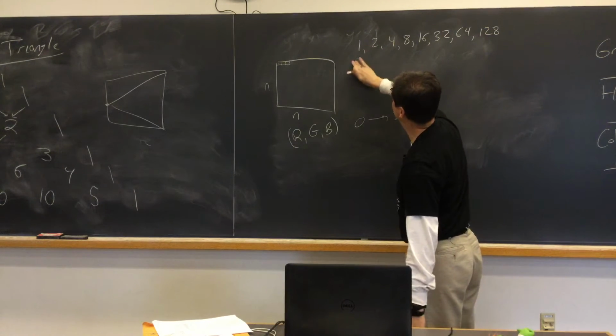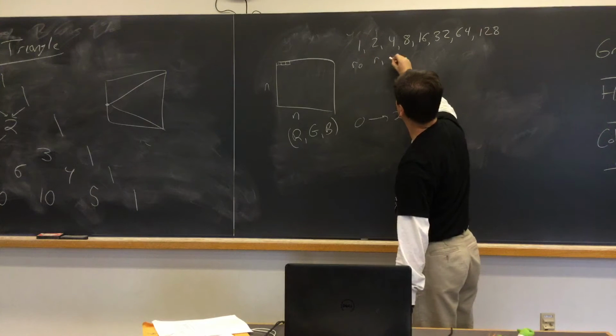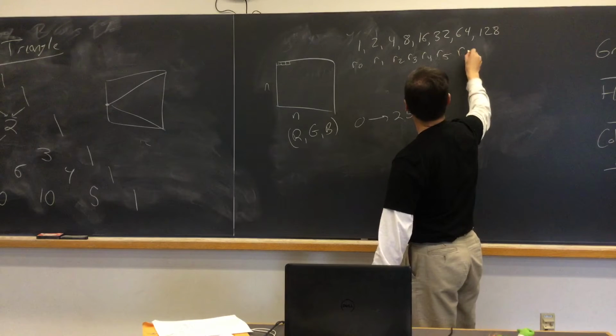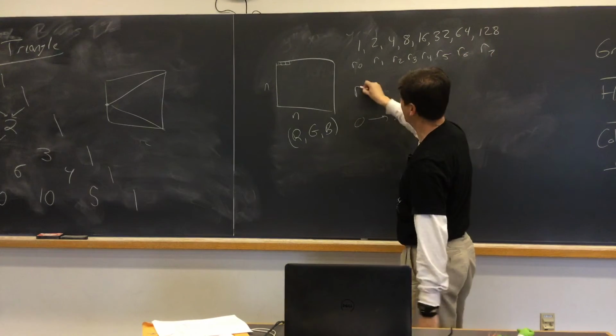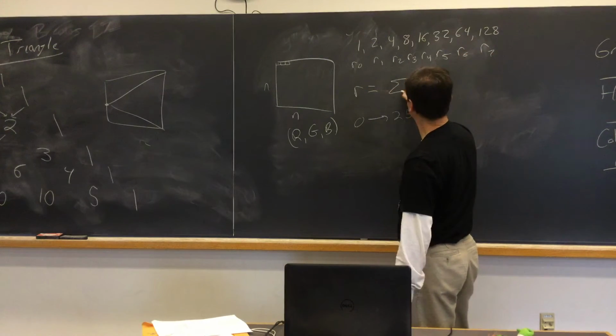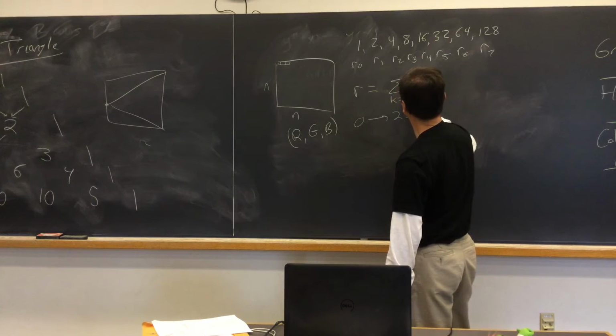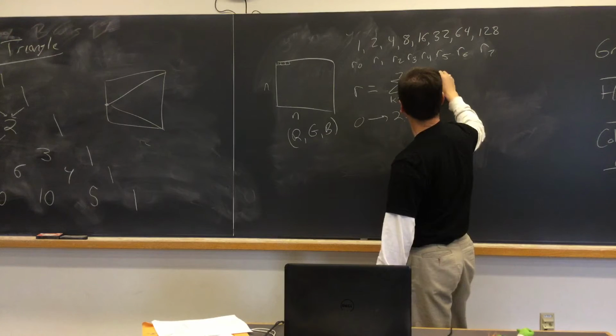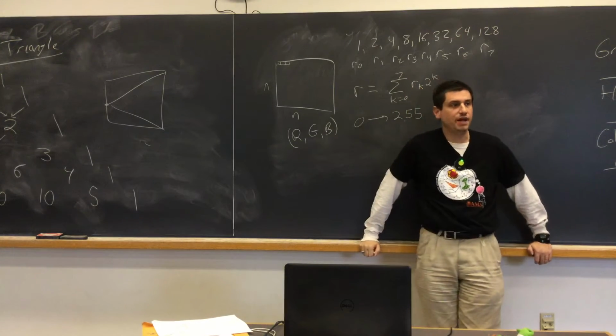R0, R1, R2, R3, R4, R5, R6, R7, and our red will be just the sum, k goes from 0 to 7, of R_k 2^k. And that will give us our red value.